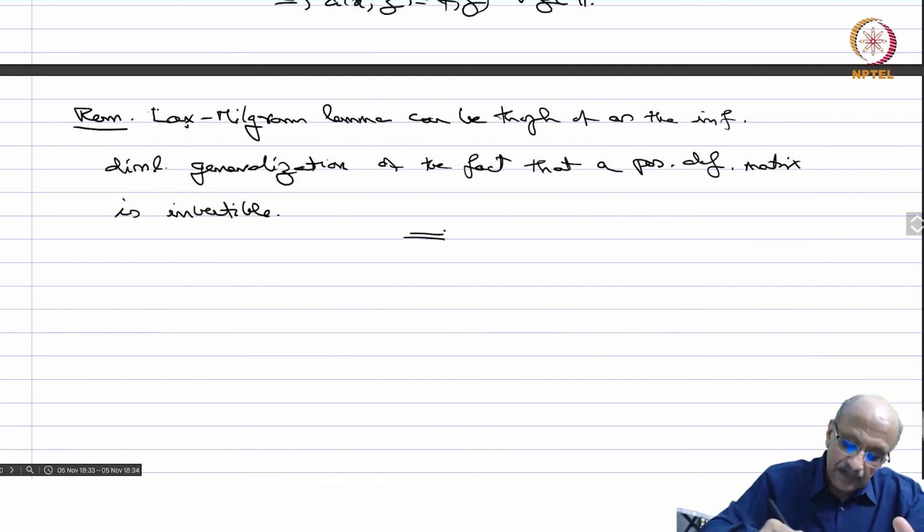Okay, and in the symmetric case, A is symmetric, then x can be thought of as the minimizer.